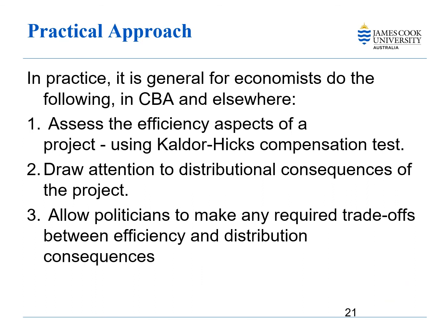Okay, in practice, what economists generally do in CBA, and maybe elsewhere, is first assess the efficiency aspect of a project using the Kaldor-Hicks compensation test, or calculate the present value of net social benefit and judge whether the NPV is positive or negative. Then draw attention to the distributional consequences of the project.